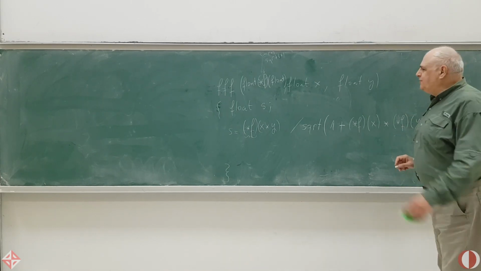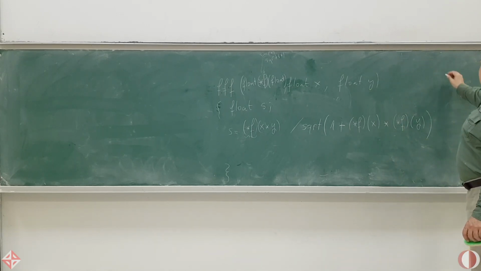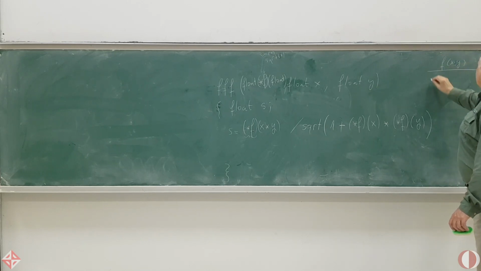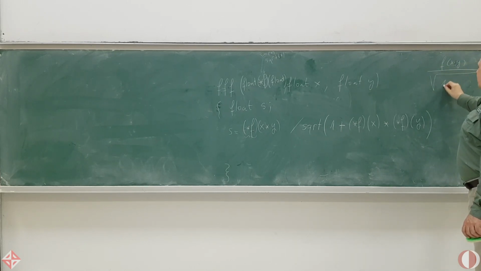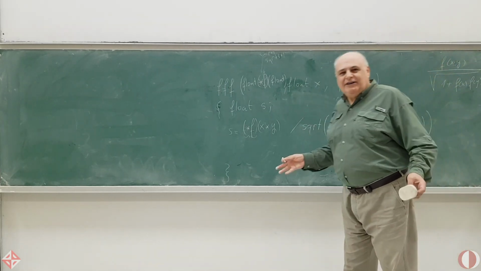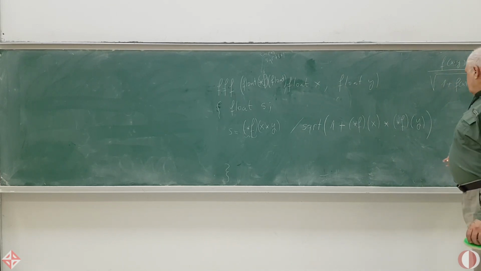I slightly change it from the previous example, right? So it is something like f of x multiplied x dot y over square root 1 plus f of x f of y. Don't try to make any sense out of this. This is just an example for just a function. Right? Okay?